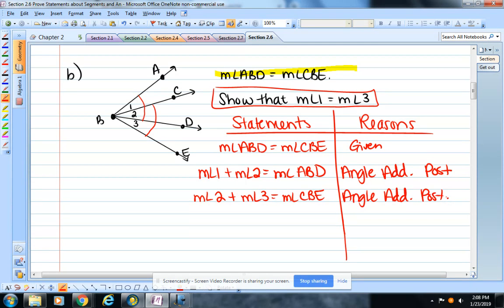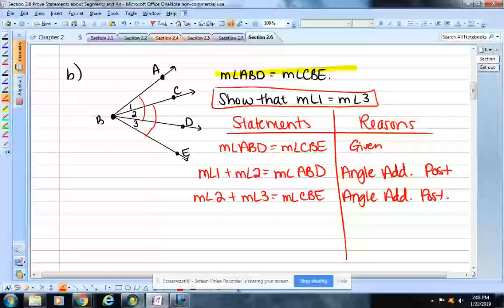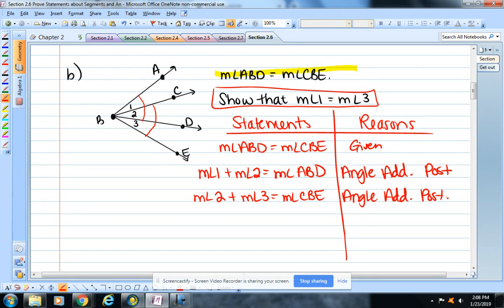So, I'm going to say this equals this because of substitution. These two things are equal, so whatever they're equal to, I can put in its place. So the measure of angle 1 plus the measure of angle 2 equals the measure of angle 2 plus the measure of angle 3.